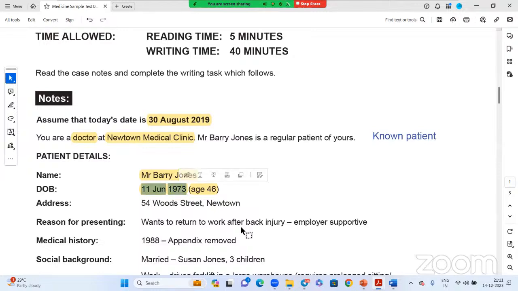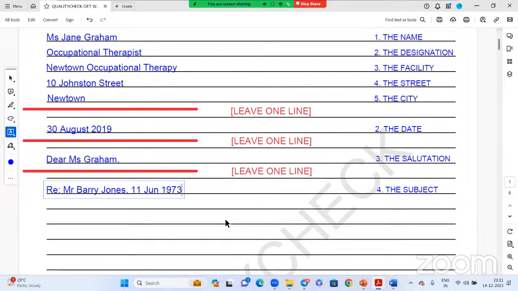So here you put D capital letter, O capital letter, B. Date of birth, colon, 11 June 1973. This is the way how you have to write. Regarding Mr. Barry Jones, date of birth 11 June 1973.